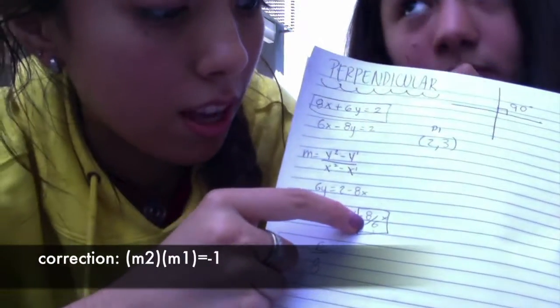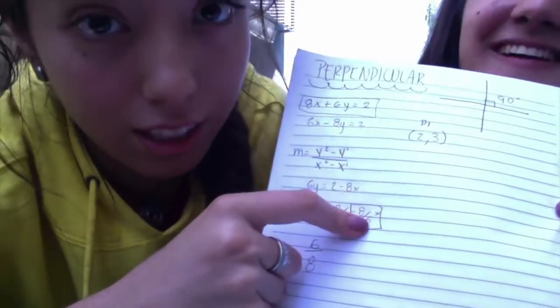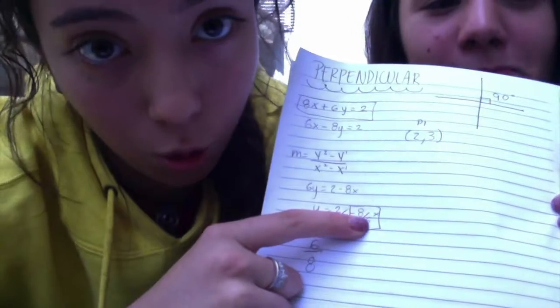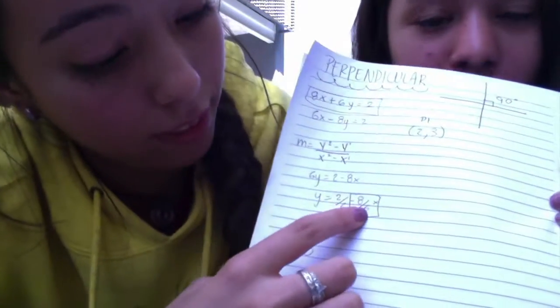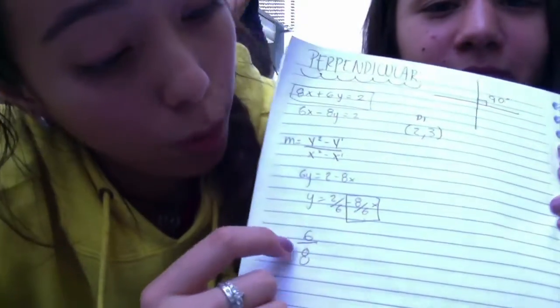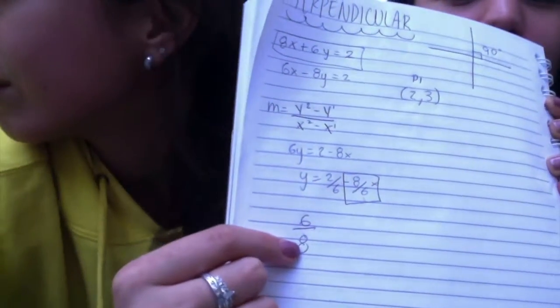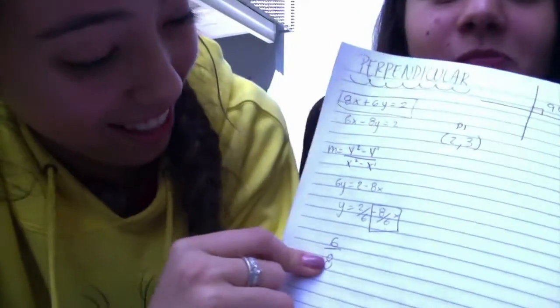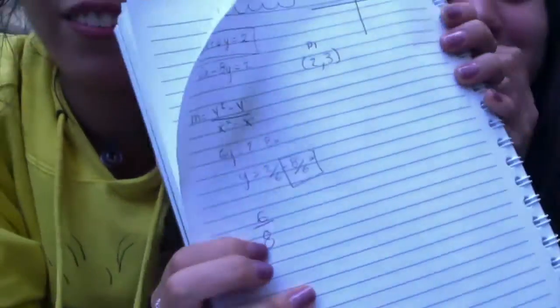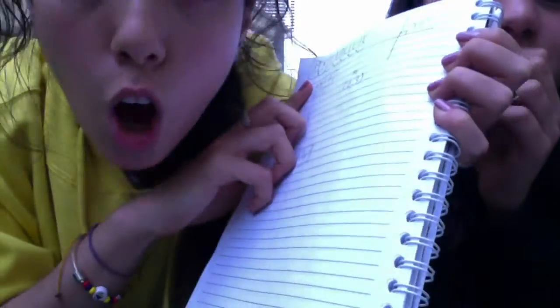So if m is minus 8 over 6, we need to get the opposite. So when we multiply it, it will be minus 1. And now that you have the slope and the point, all you have to do is replace it in the formula to get the slope. Let's do it!